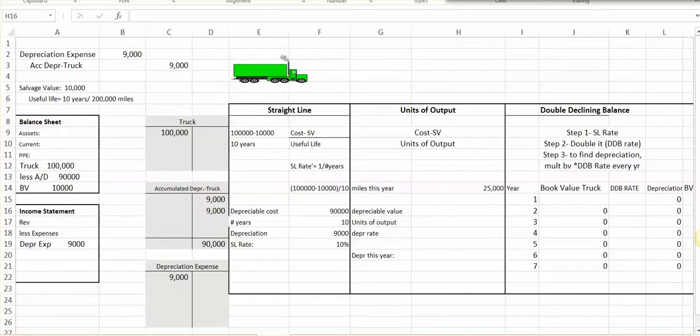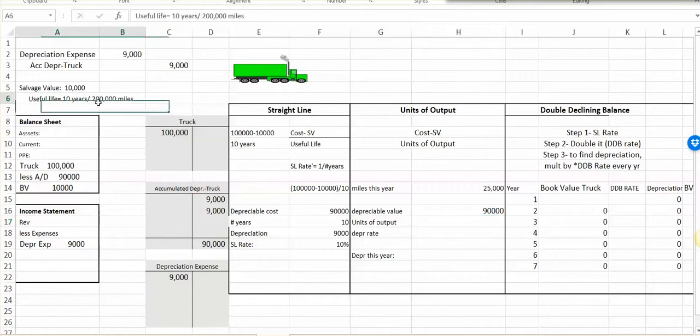To calculate depreciation using the units of output method, the first thing you'll do is calculate the depreciable value, just like we did before. You'll take the cost of the truck, $100,000, minus the salvage value of $10,000 to get the depreciable value of $90,000. The units of output, however, will not be years for the units of output method.